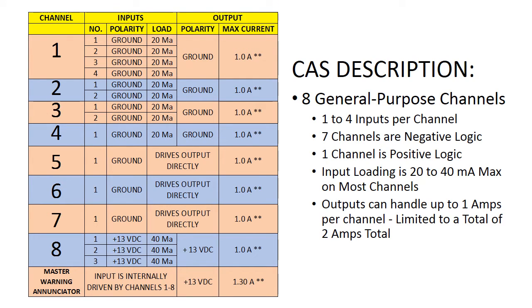So that 2 amp fuse is sufficient, and this board should be connected to a circuit that's capable of handling that 1.3 amp maximum load. So probably a 2 amp circuit breaker. And if it's in conjunction with other things, just add 2 amps to whatever you were planning in the first place. The logical groupings I'll go into in more detail.